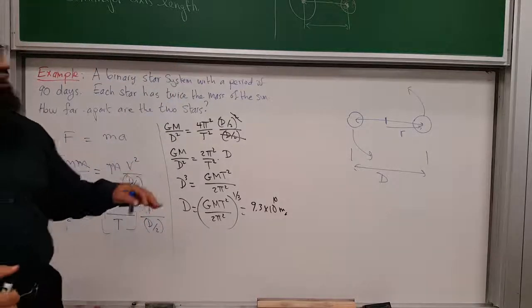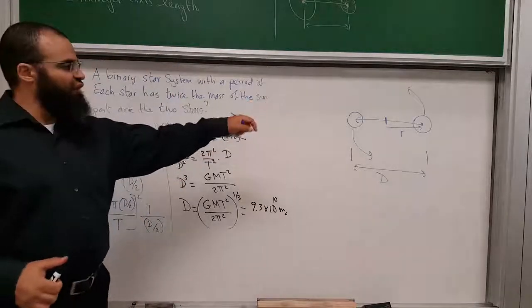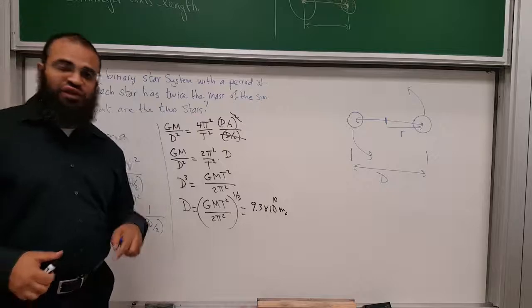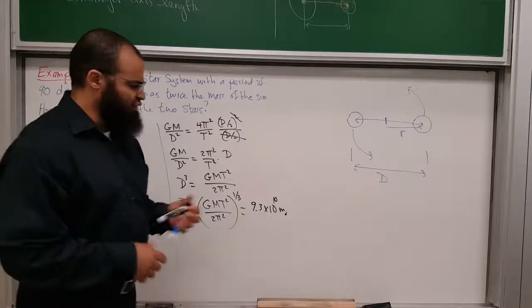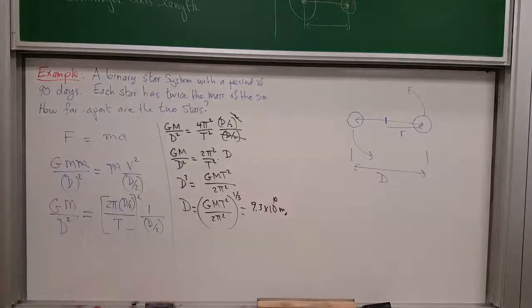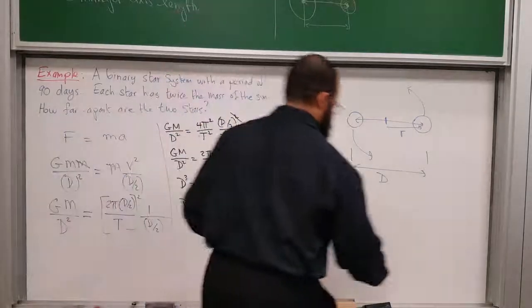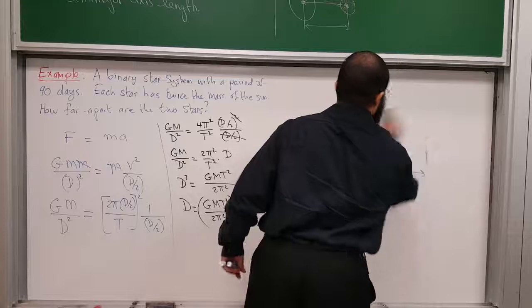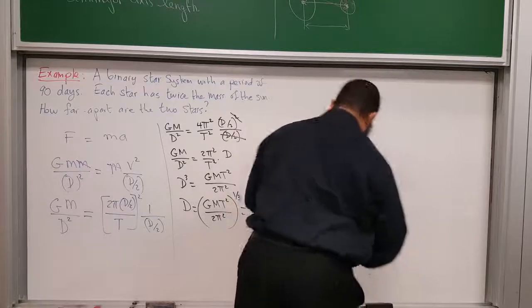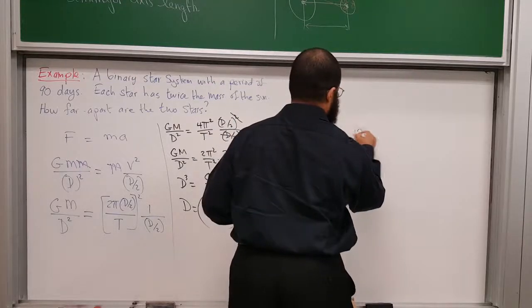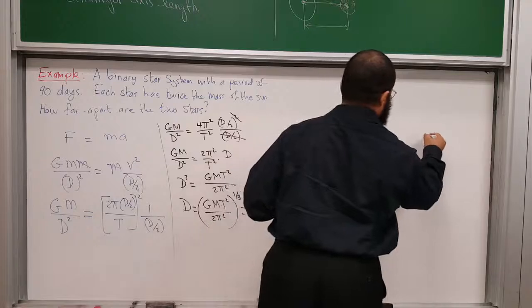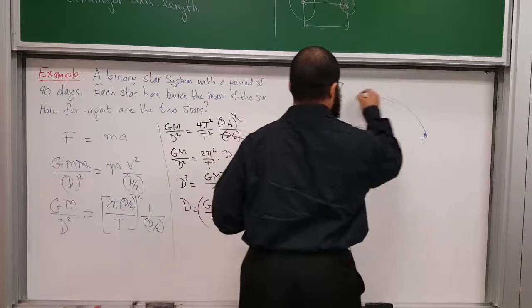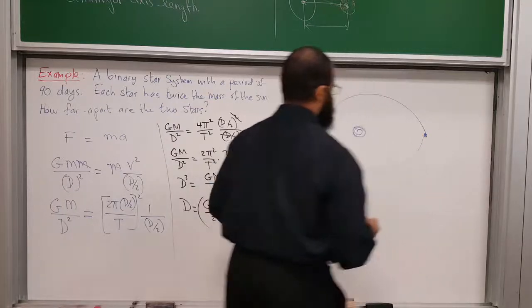So again, this whole thing hinged on the fact that the center of mass doesn't move. We exploited that. Let me make one more comment about the center of mass. When we talked about the Earth orbiting the Sun, so here is the Sun, here is Earth, we said it goes like this.